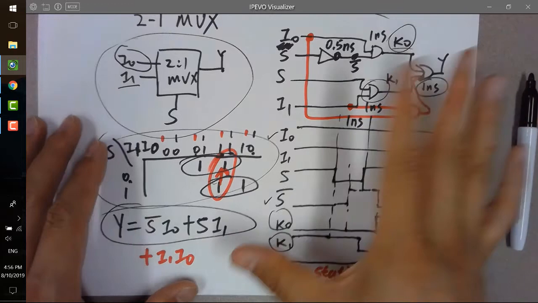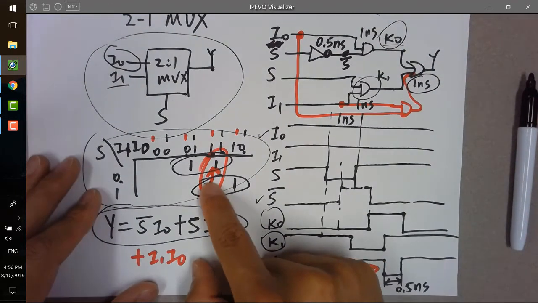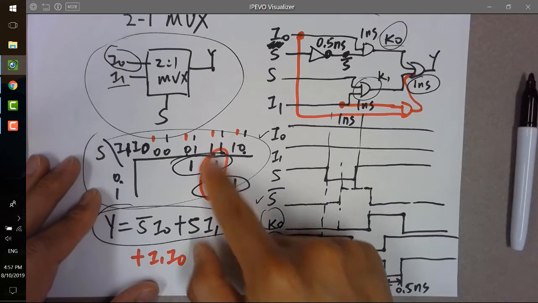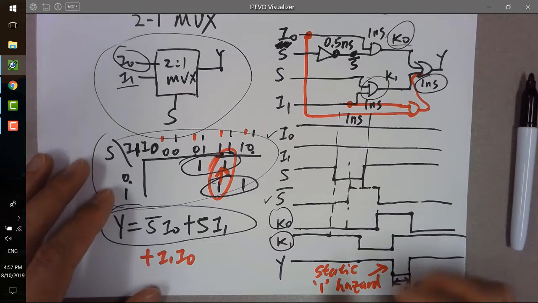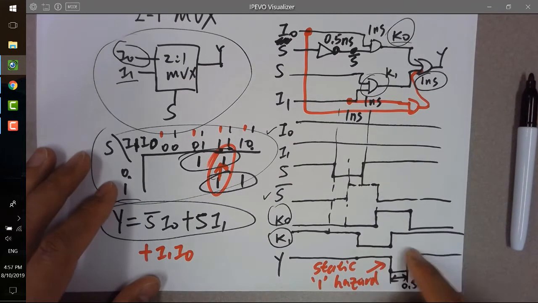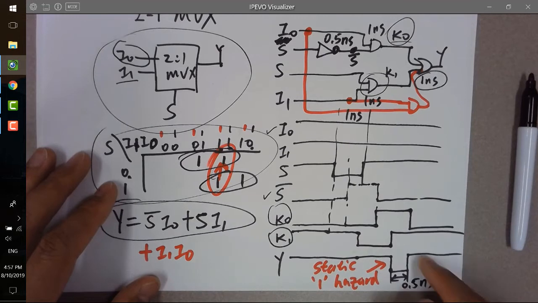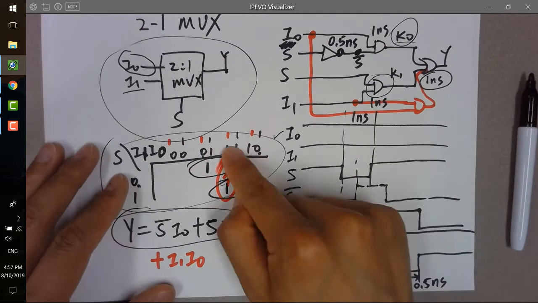So now let's repeat it, okay? When the state is being jumped from here to here, if we don't group them, which means we didn't add this group to the circuit, you get a little static hazard, which is a little zero dip in your final result. However, the way to remove it is to group these two.